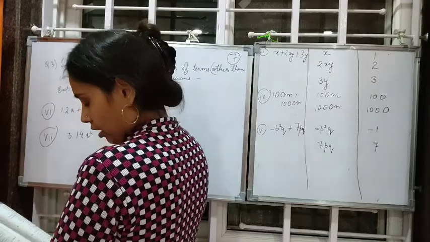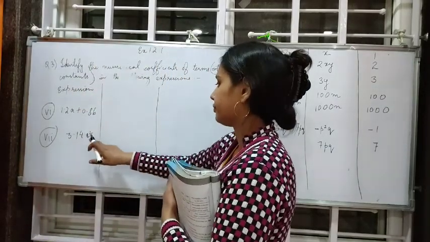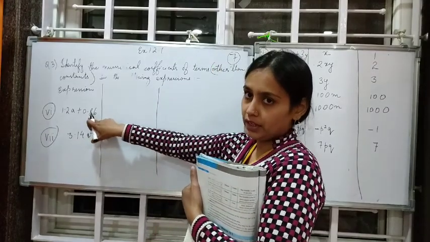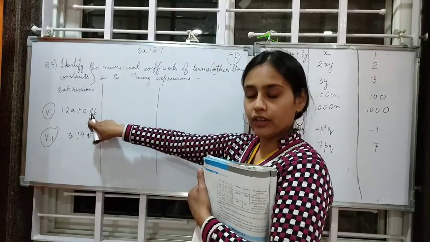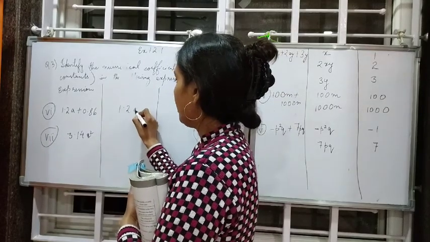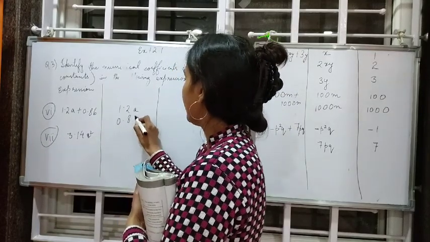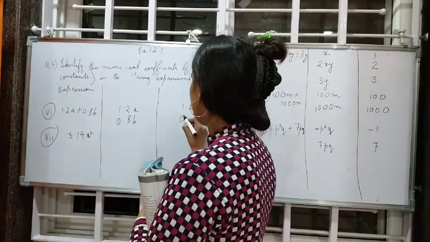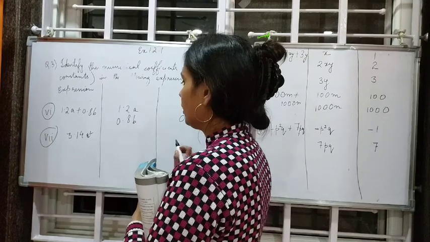Children, this is question number 3. So here both the terms we will take because they are not constant terms. So 1.2a and 0.8b. So the numerical coefficient here is 1.2 and here 0.8.